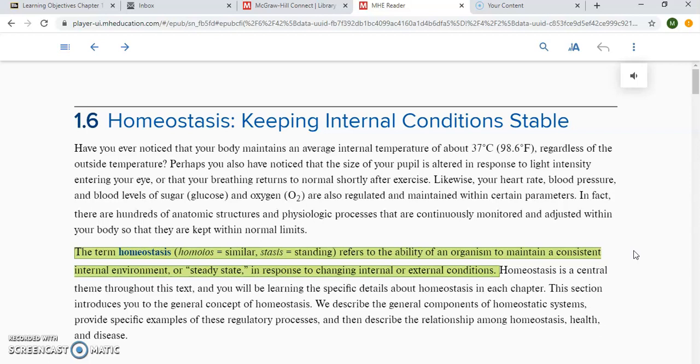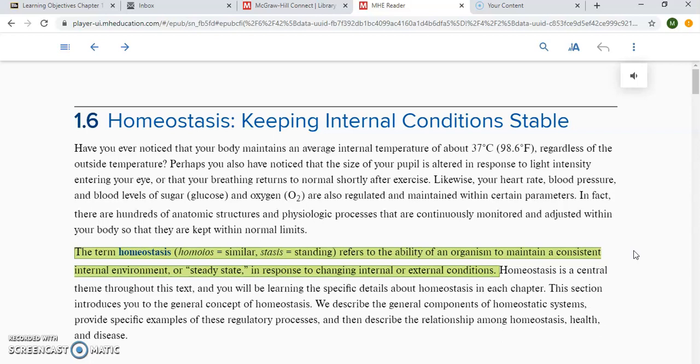If we have an imbalance in homeostasis, in any of our parameters, whether it's temperature, blood pressure, or heart rate, and they get out of the normal range or away from the set point, we start to feel ill, certain body processes can't be completed as they should, and inevitably, if it's not corrected, we can die.